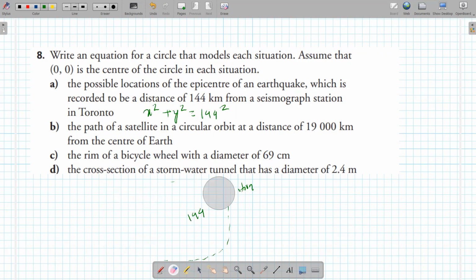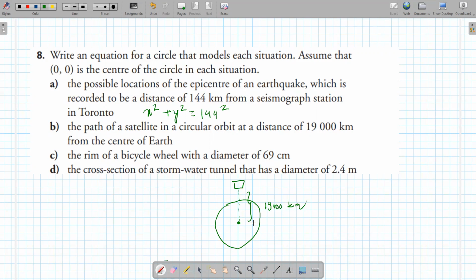The path of a satellite in a circular orbit at a distance of 19,000 kilometers. Again, same idea. This is Earth. This is center of the Earth. That satellite is somewhere up here. And this distance is 19,000 kilometers.